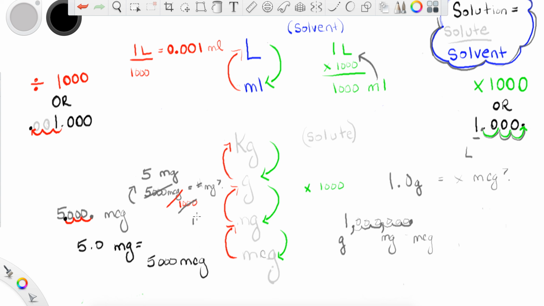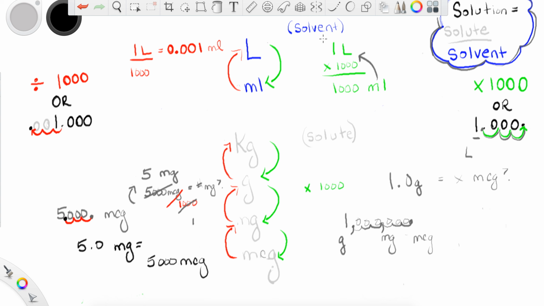You'll be fine. 3 places to the right, or multiply by 1,000 to convert from a large unit of measure to a small, or divide by 1,000 and 3 places to the left to convert a small unit of measure to a larger unit of measure.